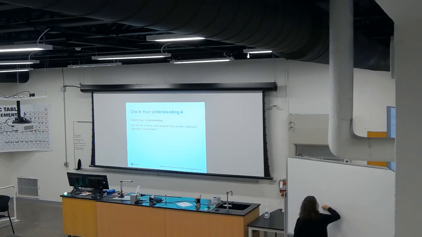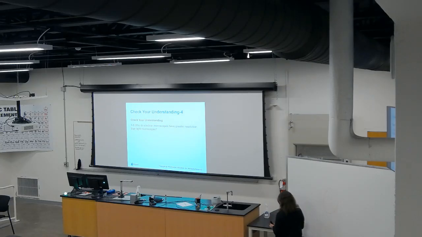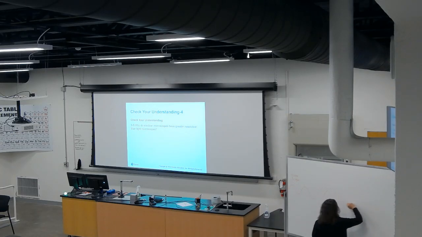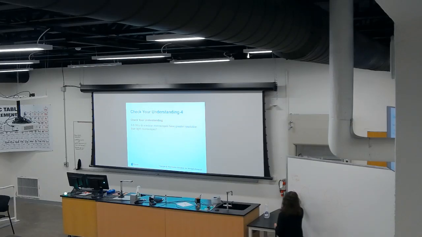You can have the same object and use 2 different types of sources of energy to try to get an indirect image of it. So you can have light, which is visible light, or even UV light that has a particular wavelength that can traverse this. So this is the wavelength.